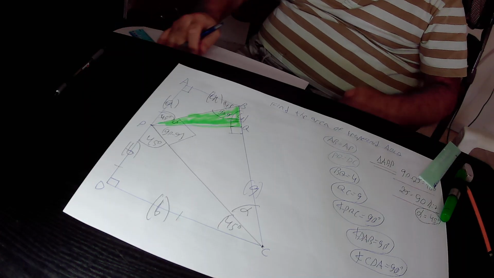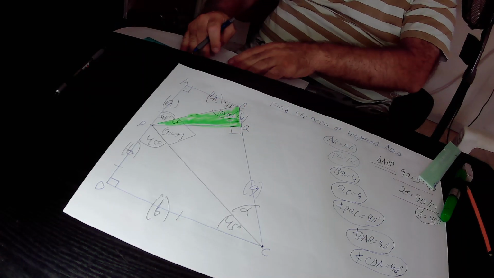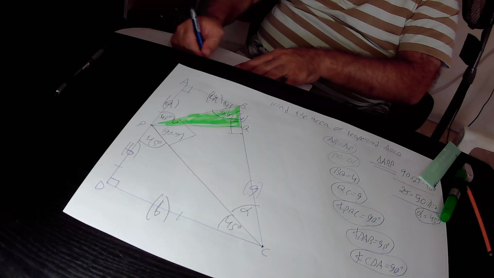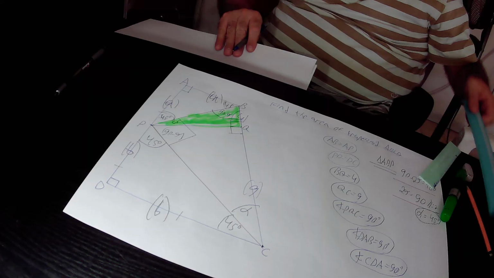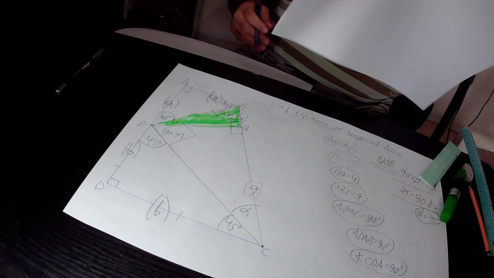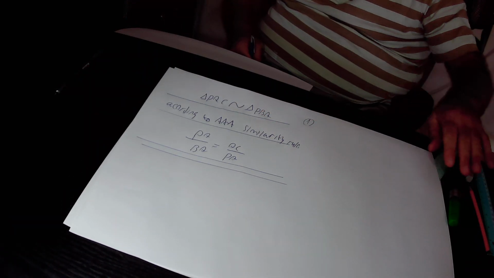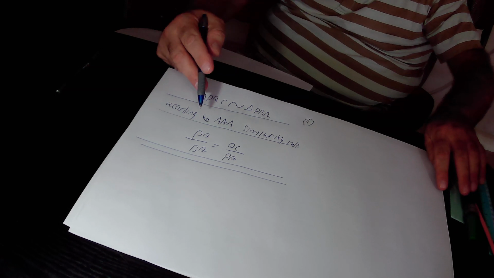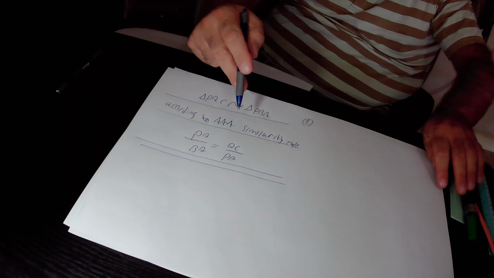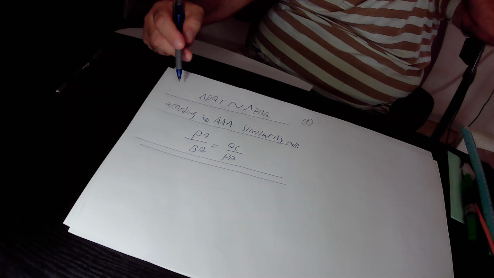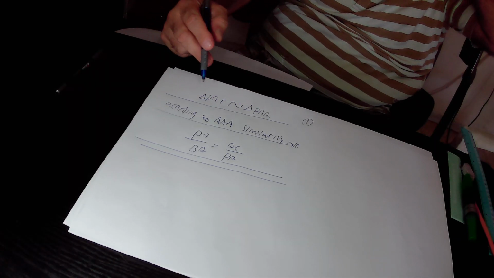So, to repeat again, from the fact that those two right triangles are similar to each other, we derive that side PQ of the big right triangle PQC over side BQ of the small right triangle PBQ is equal to side QC of the big right triangle PQC over side PQ of the small right triangle PBQ.